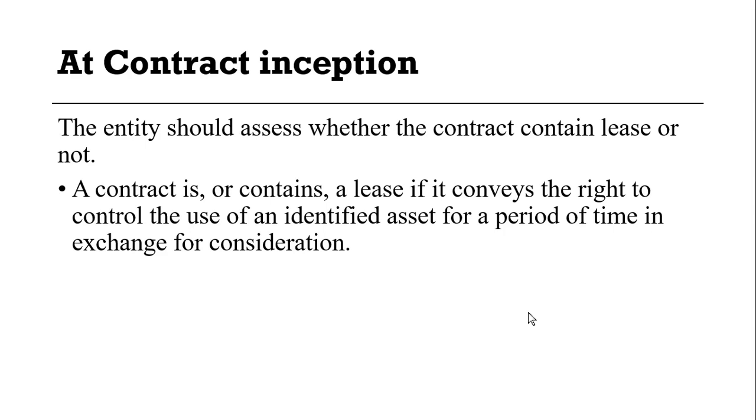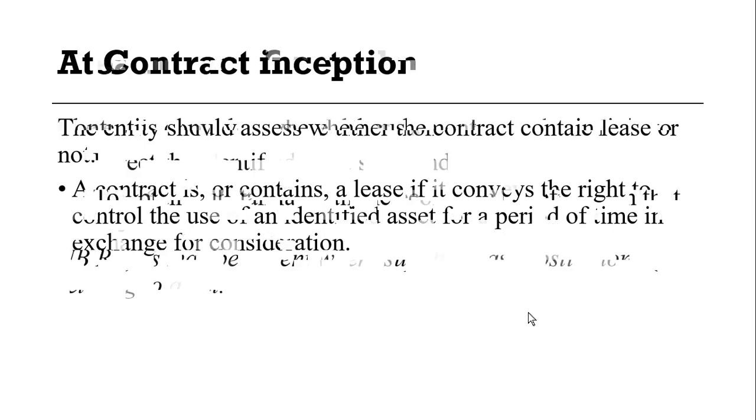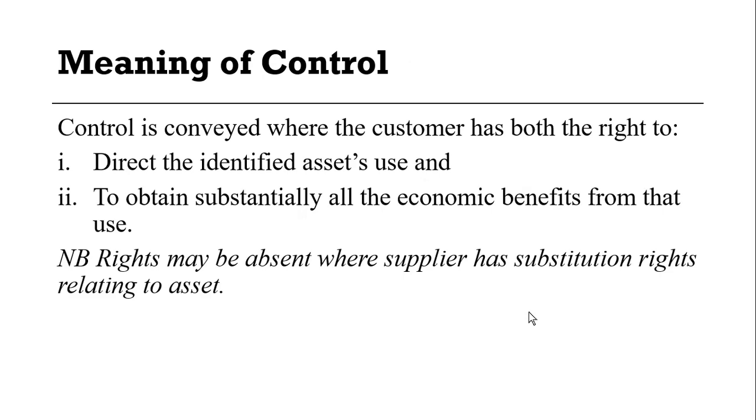Now, how do we know that a contract contains a lease? A contract is or contains a lease if it conveys the right to control the use of an identified asset for a period of time in exchange for payment, in exchange for consideration.